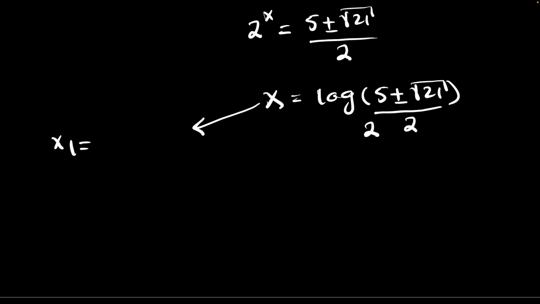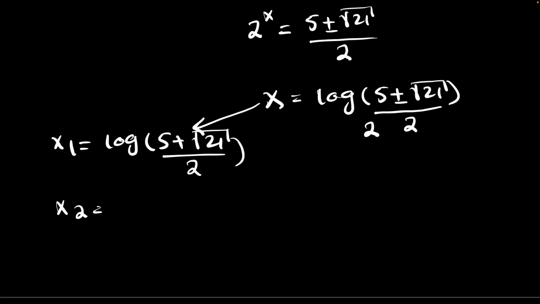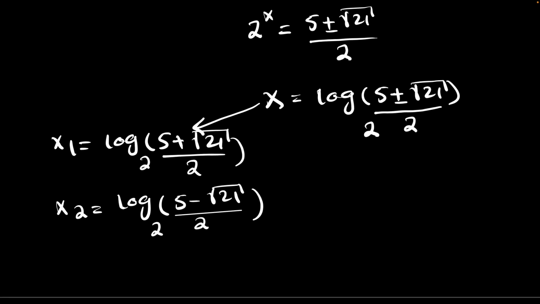It means I have x1, which is log of 5 plus the square root of 21 over 2, and the second one, which is x2, is log of 5 minus the square root of 21 over 2, and the base of this logarithm is 2.